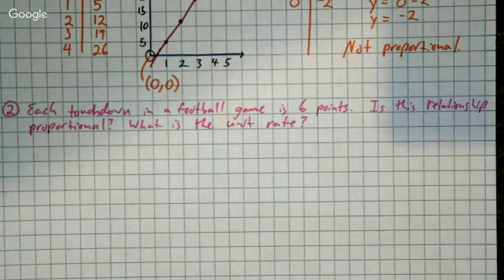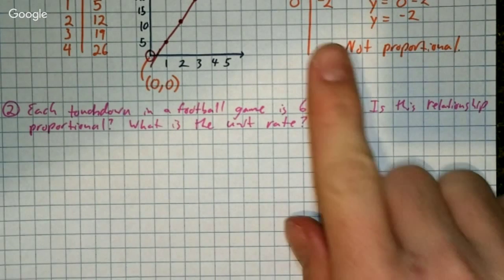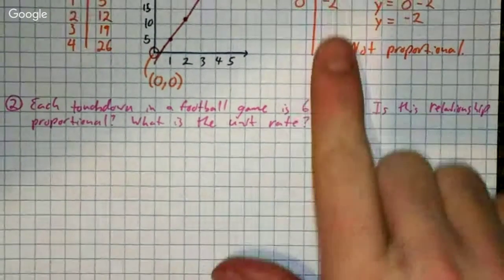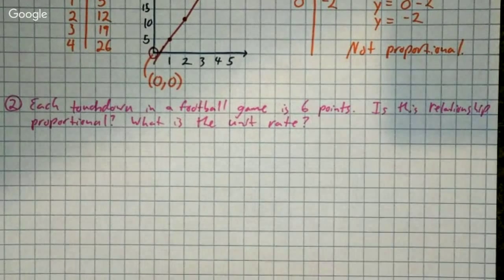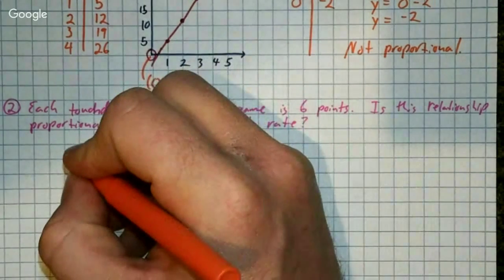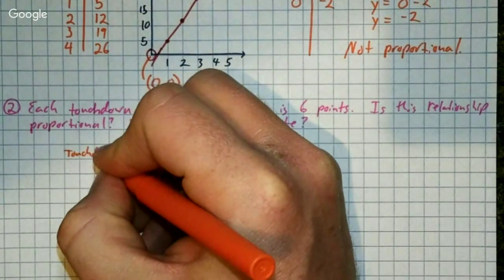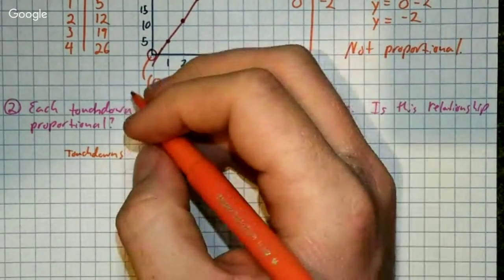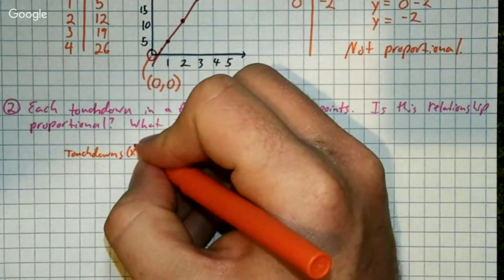Okay, so we have 2 parts to this question. First of all, is this relationship proportional? Now, like I showed you up here, you could go ahead and solve, but right now we don't have an equation. We could write an equation, but I'm just going to go ahead and go right into making my chart. So one side we're going to have touchdowns, how many are scored, and that's going to be our x value.